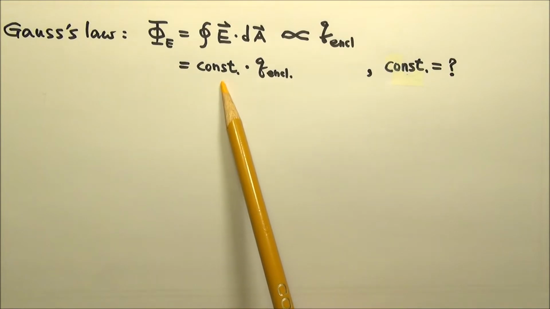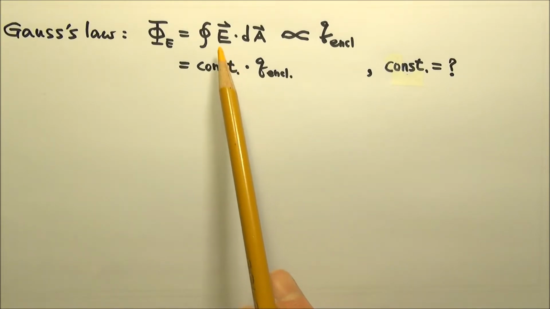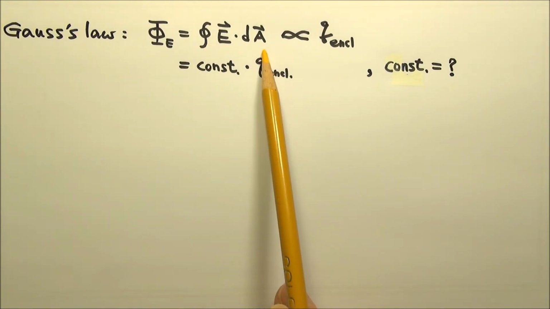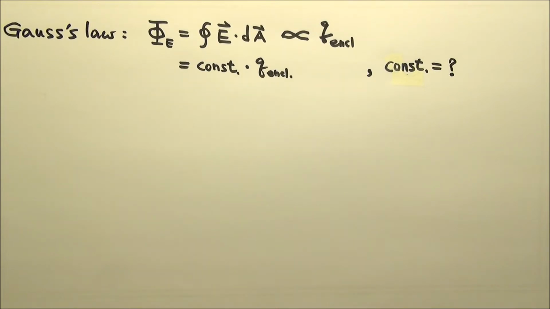Since this is a constant, it should be the same for all situations with all kinds of closed surfaces. So we can just use the electric field produced by the simplest charge distribution and the simplest Gaussian surface to find this constant. What do you think is the simplest charge distribution?